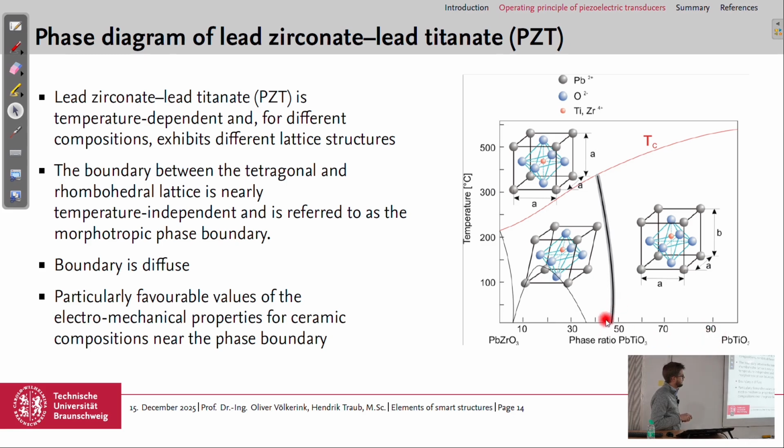And at this boundary, the electromechanical properties of the ceramic are the highest. So we want to have a composition near this boundary. Then it depends if we are below this boundary or above. When we cool it down from the cubic lattice, we get the rhombohedral or the tetragonal lattice.